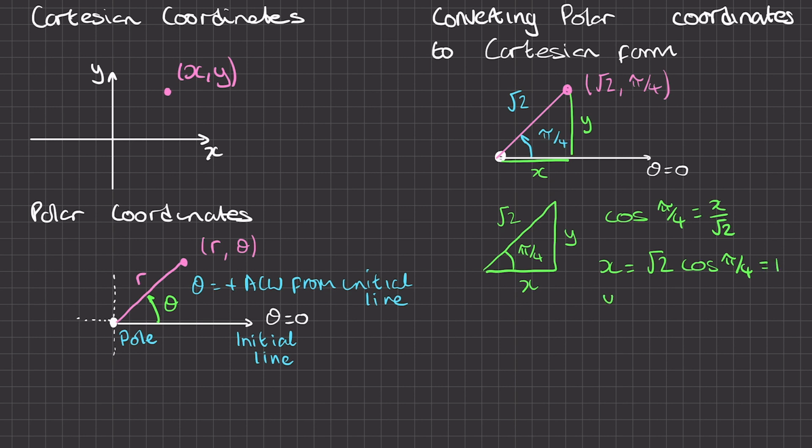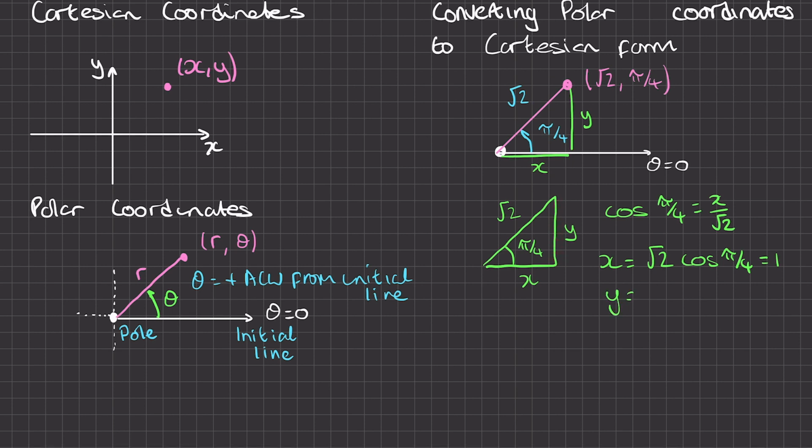And the y value, well, this time we'll use sine. So the y value will be root 2 sine of pi over 4, which is also 1. So the Cartesian coordinates will be 1 and 1. Okay? Let's try one more example.